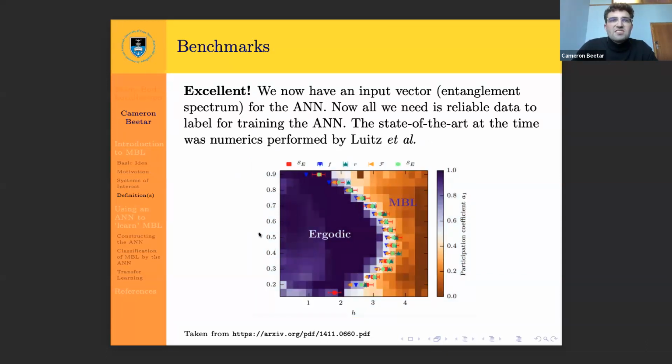This is the normalized shifted eigenvalues, so you take your eigenvalues and force them to be in a bucket between 0 and 1. Here they have this ergodic or thermalizing regime and this localizing regime. What I want you to remember is the shape of this transition region. I'll show it to you again later, but that's what we want the neural network to reproduce.